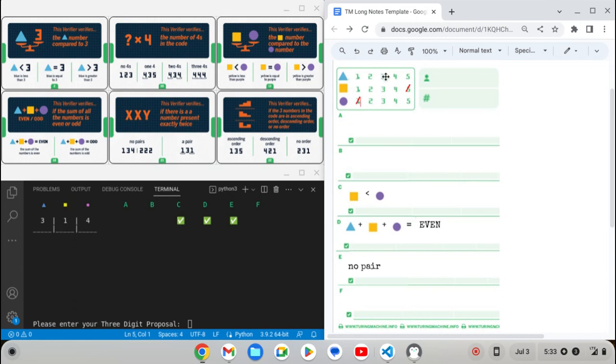And so if triangle is 3, then that would mean that circle would have to be 5 if indeed square were even. Yeah, but that's obviously 3, 2, 5. Is there anything else? 3, 4.